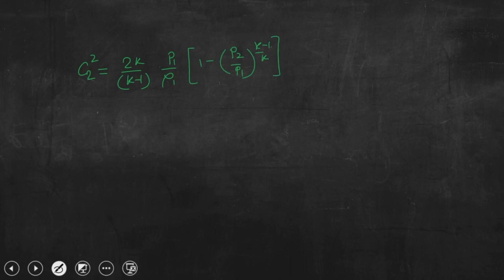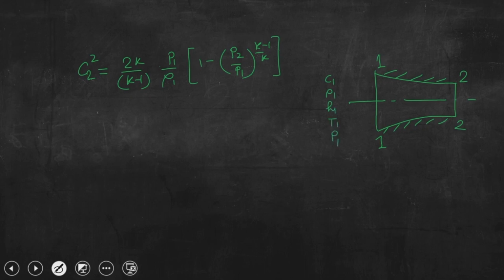So, this is the nozzle, this is section 1 and this is section 2. What are the properties at section 1? Properties are C1, rho 1, H1, T1, P1.